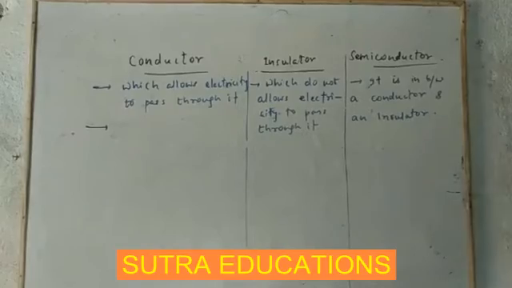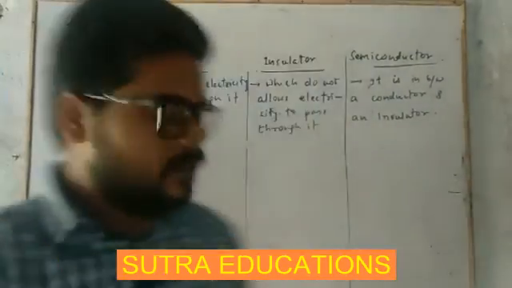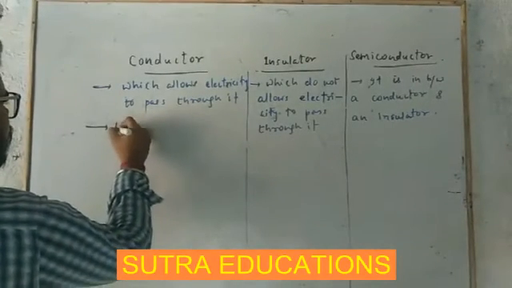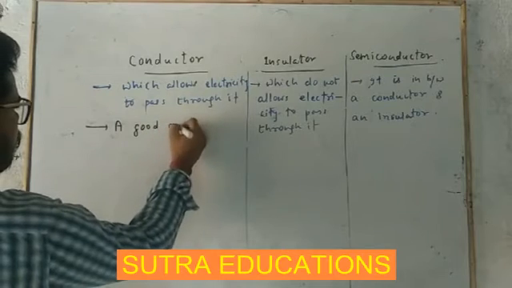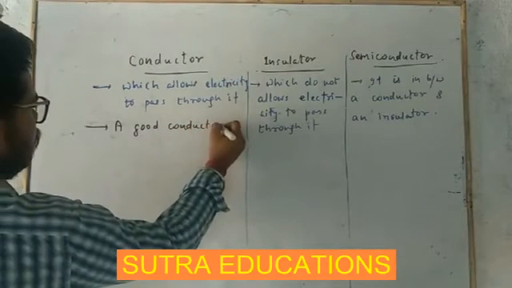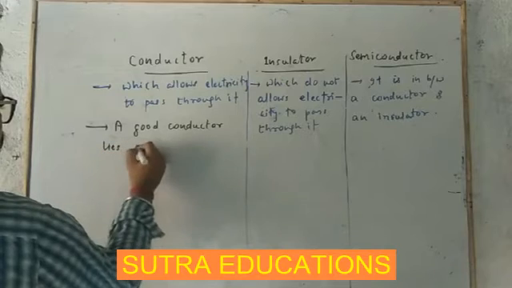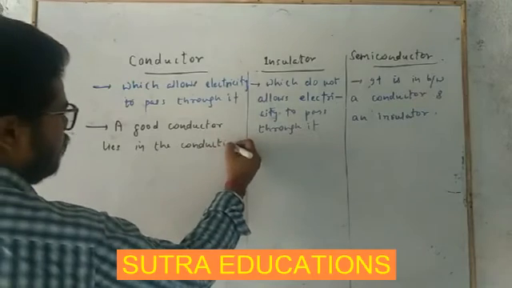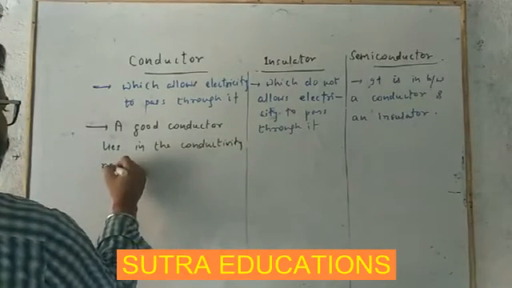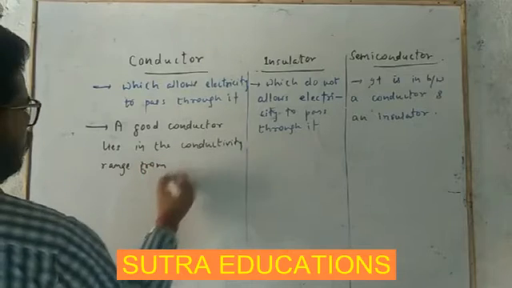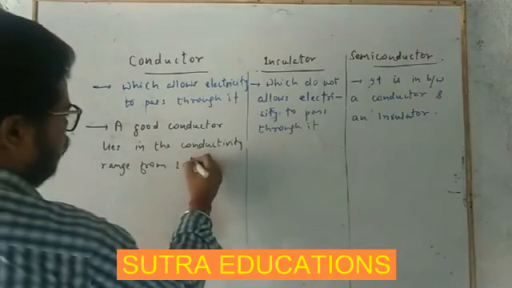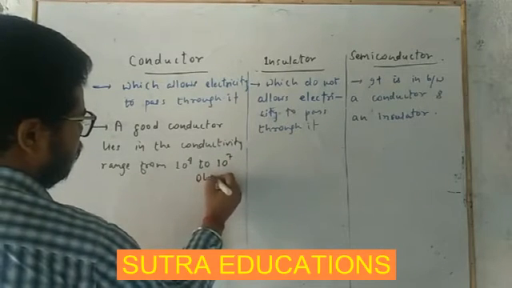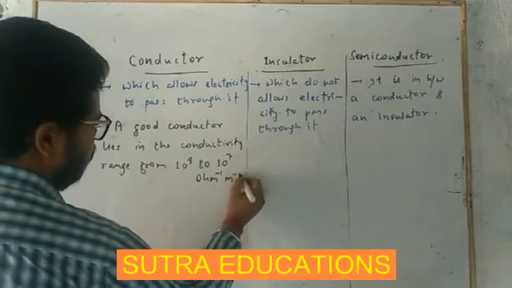So a good conductor lies in the conductivity range from 10 to the power 4 to 10 to the power 7 ohm inverse meter inverse.